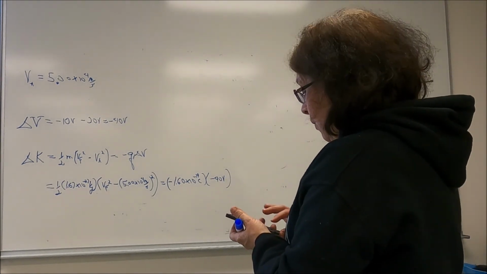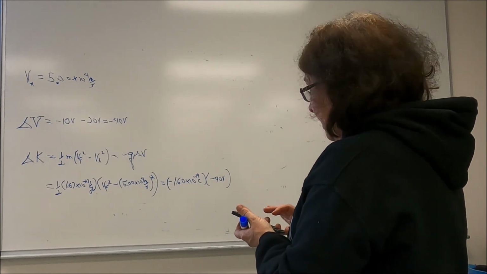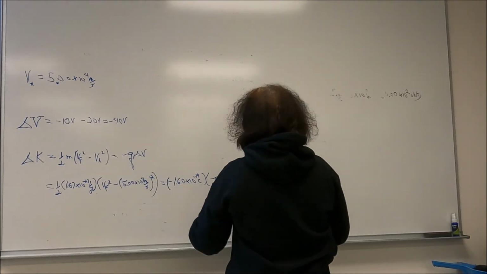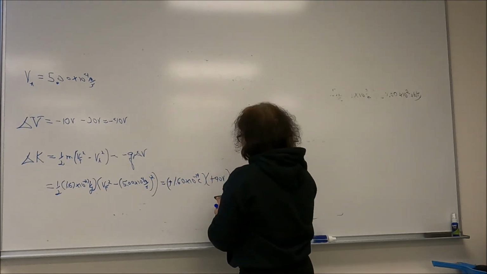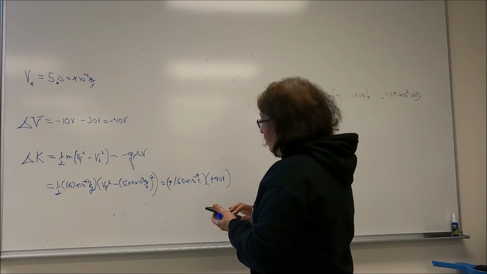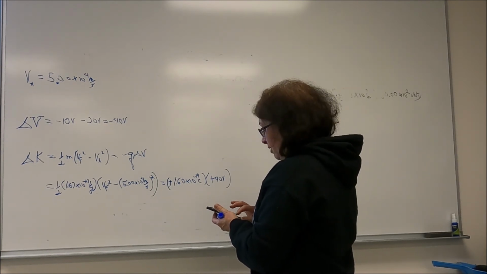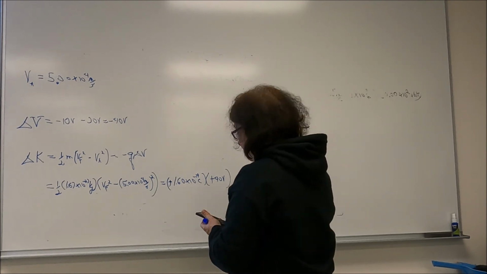Okay, so 40 times 1.60 exp 19 negative equals, notice the negative sign and negative sign cancel each other out, multiply by 2, divide by 1.67 exp 27 negative.